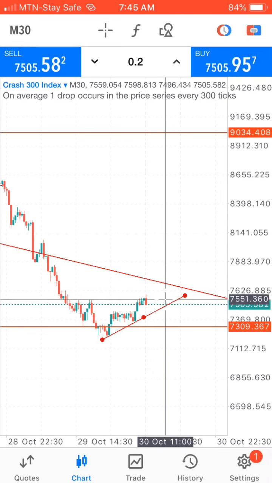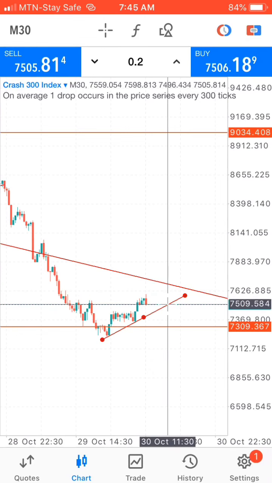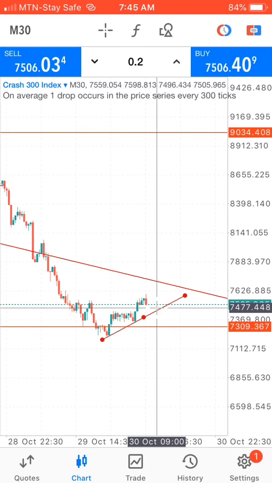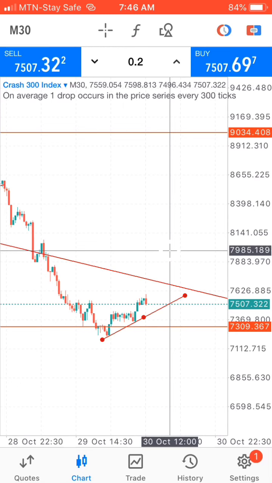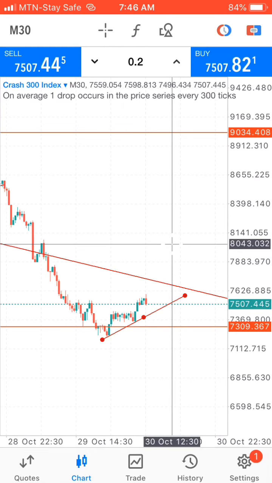If I'm to take this trade now, I'll wait for it to come to this level. If it comes to this level and I see a retracement of it going back up, that's when I'll get into the trade. My stop loss will be here, while my TP1 will be here and TP2 will be here.